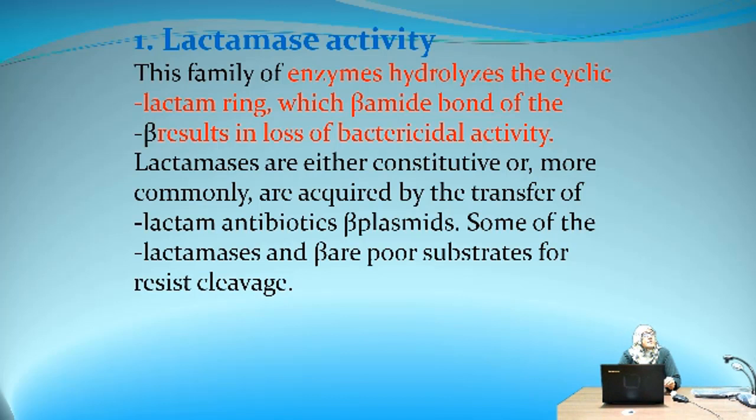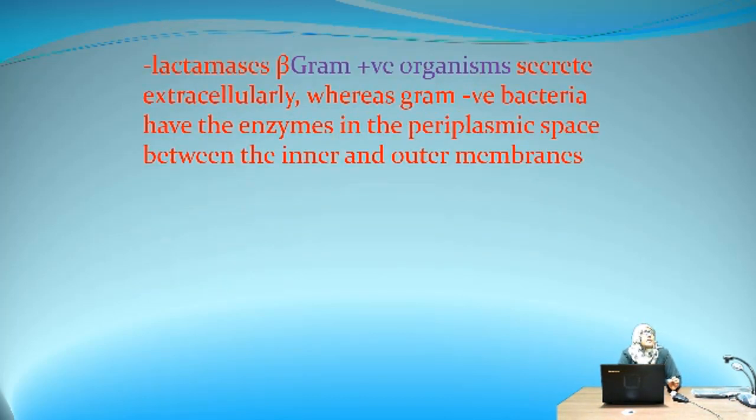Some of the beta-lactam antibiotics are poor substrates and resist cleavage. Gram-positive organisms secrete beta-lactamases extracellularly, while gram-negative bacteria have the enzyme in the periplasmic space between the inner and outer membranes.